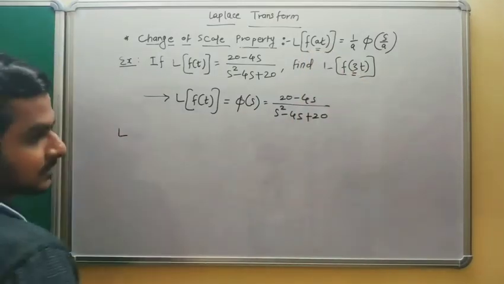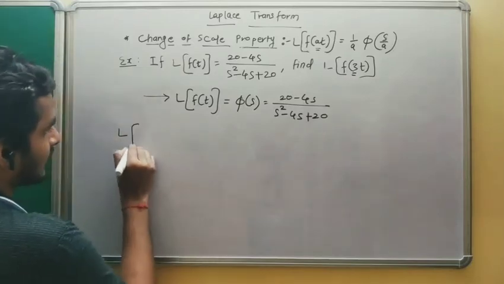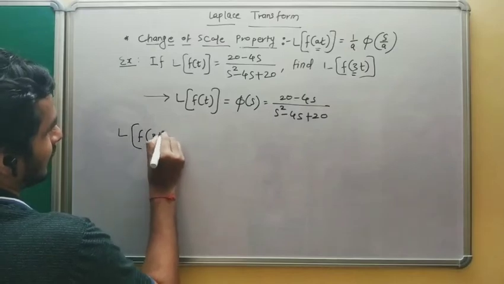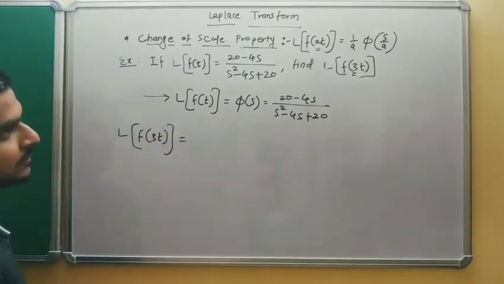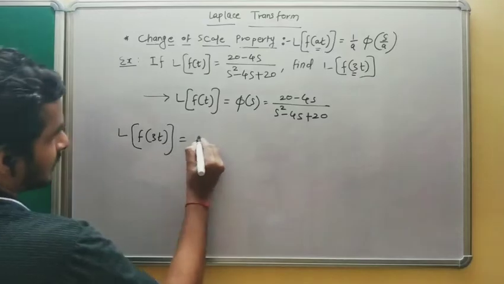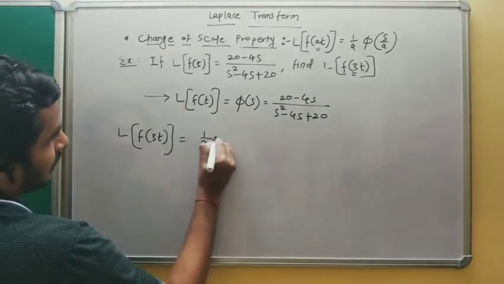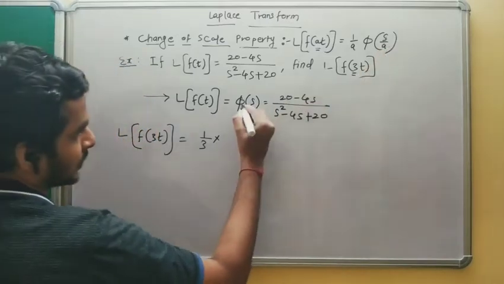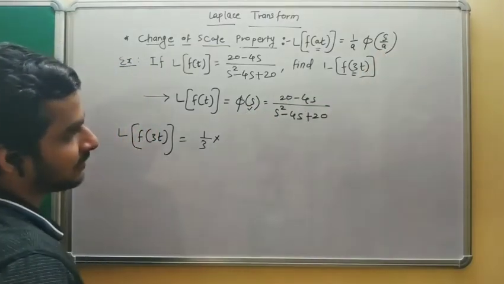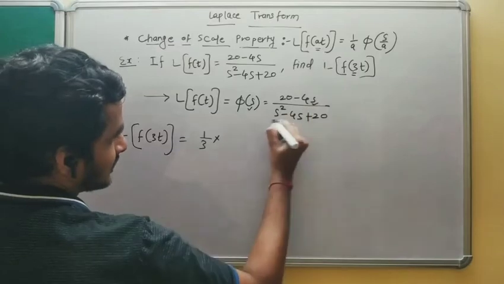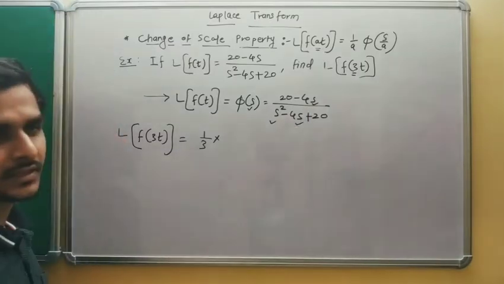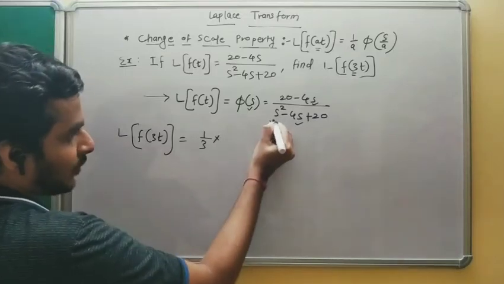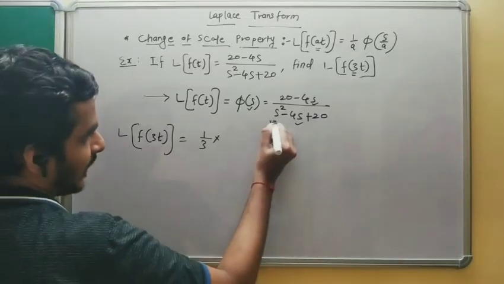So Laplace transform of f of 3t is equal to, according to the property, 1 upon a. So here it will become 1 upon 3. Now to find phi of s upon a, you have to just put s upon a in place of s. So where there is s, you have to put s upon a. Here a is 3, so you have to put s upon 3 in place of s.